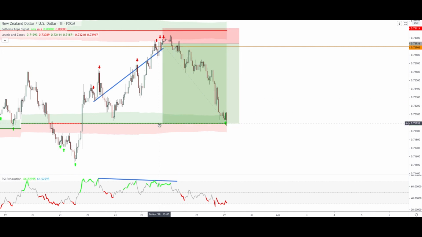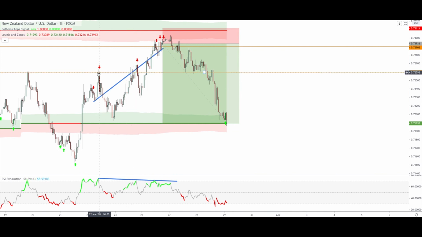So I set the target here because I was confident that the price would have come down all the way here. If you want to be more conservative, you can look for some structure, a previous structure somewhere in between this resistance and support levels. So maybe you could say this is this level here.